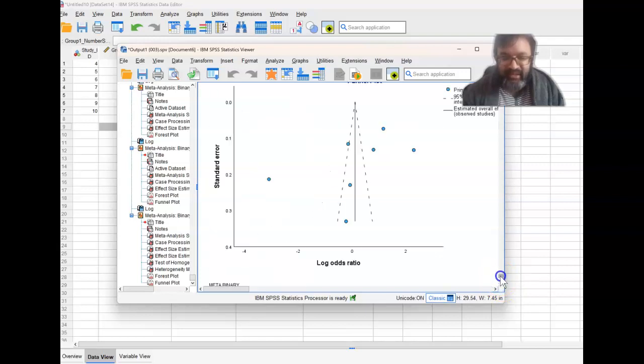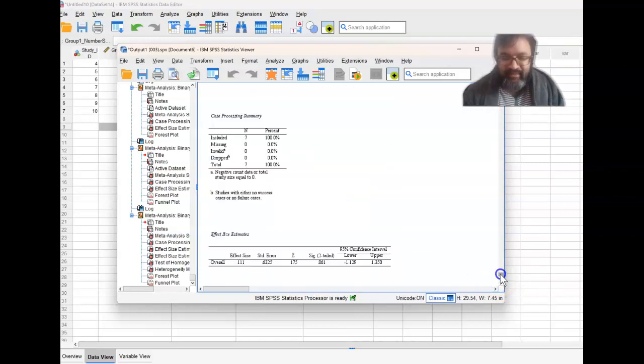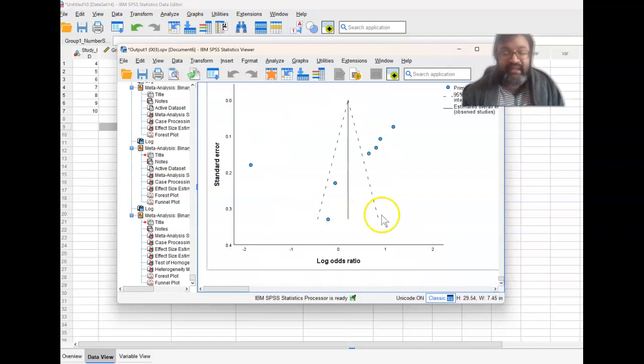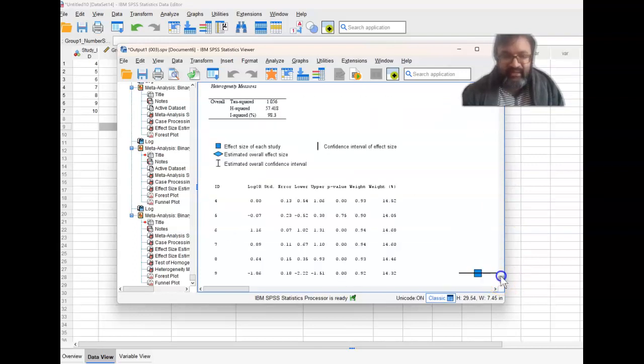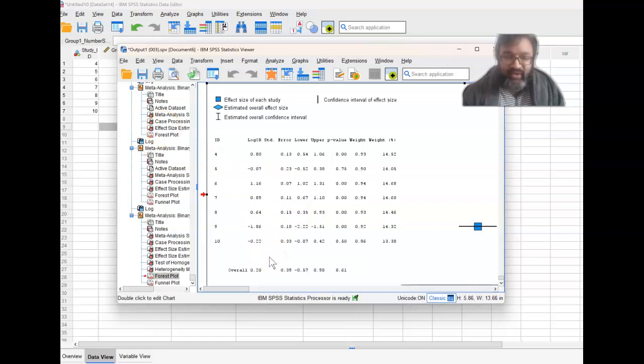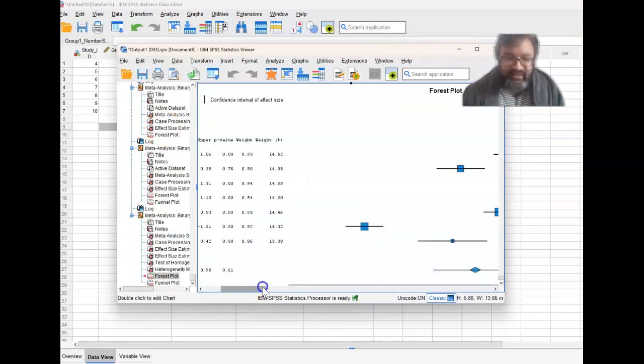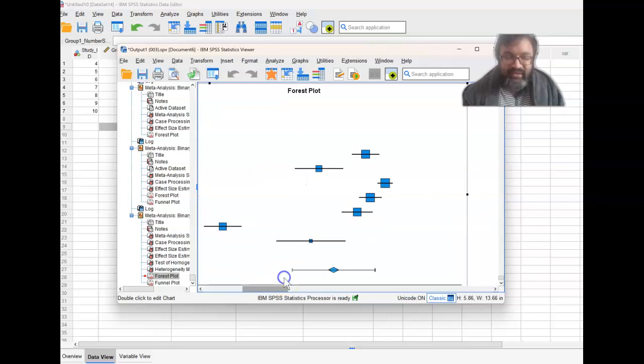Now let's take a look at, and again, this is a funnel plot, not a forest plot. Now if we take a look at a forest plot, as you can see, each of these represent each study. So the error here, log odds ratio, all of these are mapped kind of right here.